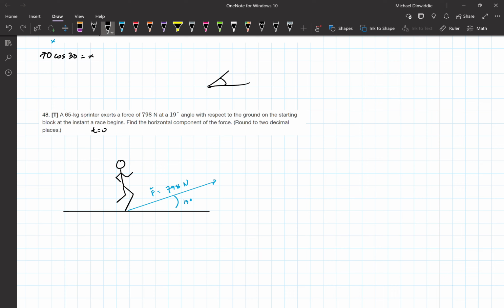And if your intuition is right here, because we've always been talking about these vectors as triangles and the components as triangles, and we have an x and y here, and remember what we said, for 19 degrees, what would be the component here? And we said that it's always the cosine, right? So cosine of 19 degrees times the hypotenuse, 798.